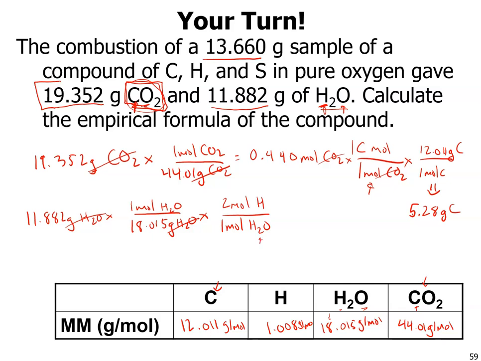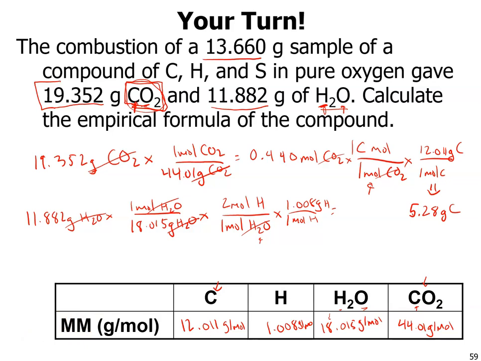Now my units are moles of hydrogen, and I can use the atomic mass of hydrogen for every 1 mole of hydrogen. I know that I have 1.008 grams of hydrogen, and then I'm going to use this whole equation to calculate the grams of hydrogen from that original sample.